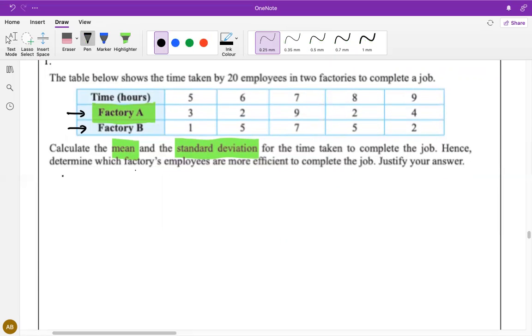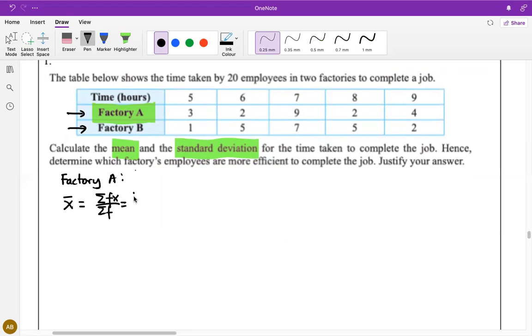So let's see factory A. The mean. This is tabular, right? So the mean is the sum of fx divided by the sum of frequency.